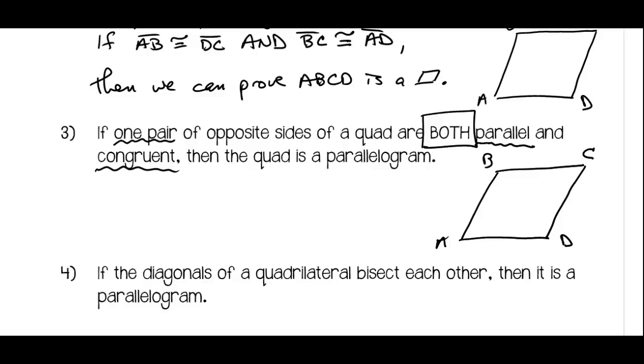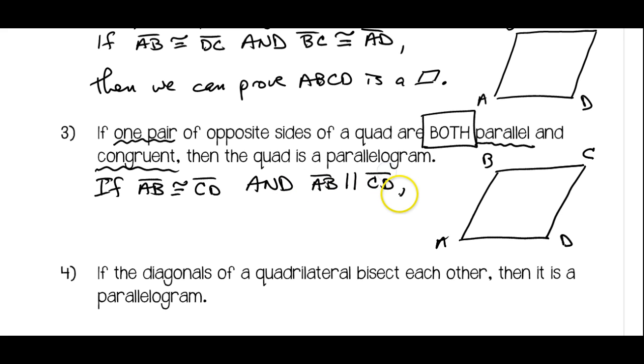I'm going to look at just the left and the right side, but it could work for the top and the bottom as well. So if AB is congruent to CD and, same pair of sides, AB is parallel to CD, then we can prove ABCD is a parallelogram.